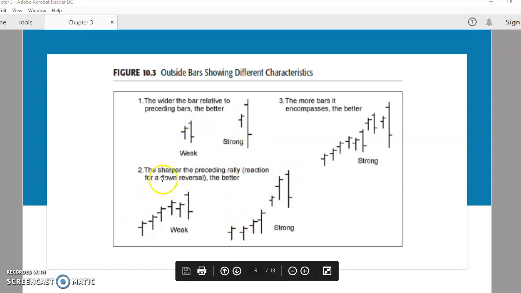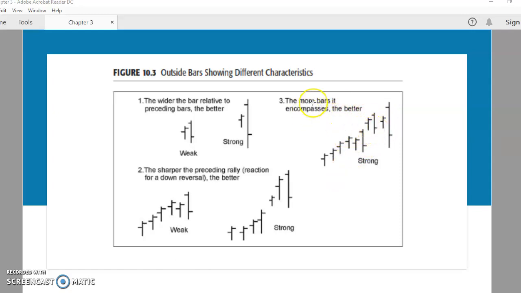And then this one, the sharper the preceding trend, you can see the curve is sharper compared to this one, which is flatter, so this one is stronger. And then the more bars it encompasses, the better. So this bar encompasses these two, or three days, or four previous days' bars.